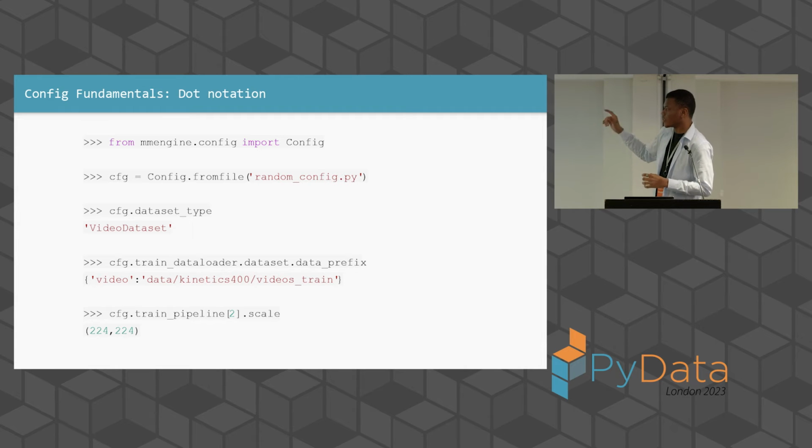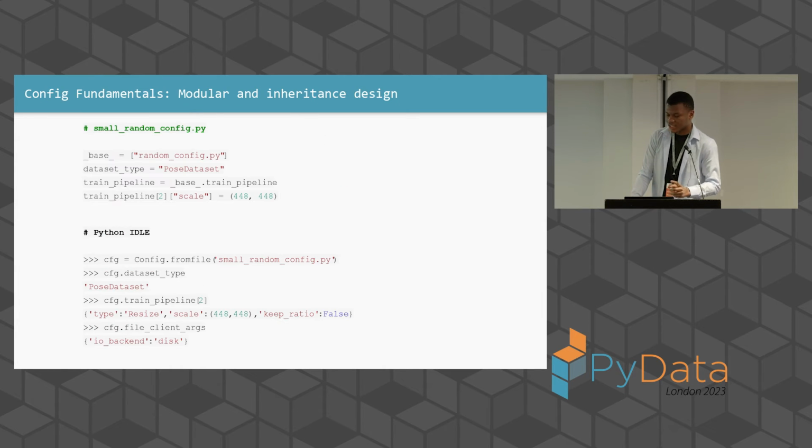And from the list as well, you can see the indexing works, as well as the dot notation combined. So it's basically making use of your key value pairs and being able to access your config files with dot notation. Then something else that's also quite important from the config is the modular inheritance design.